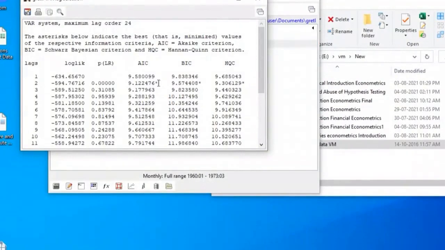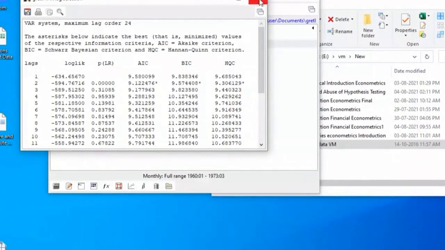So this is the minimum one. Minimum information criteria. And that is for lag 2. So lag 2 is the optimum lag. Got the idea? So we select this optimum lag, and this lag we will include in other cases.